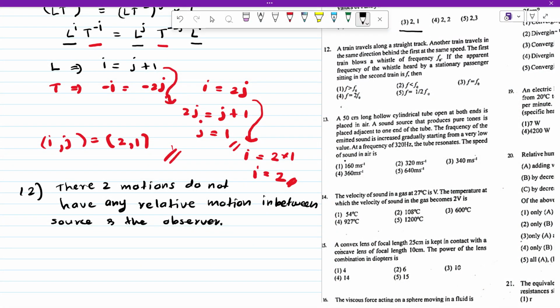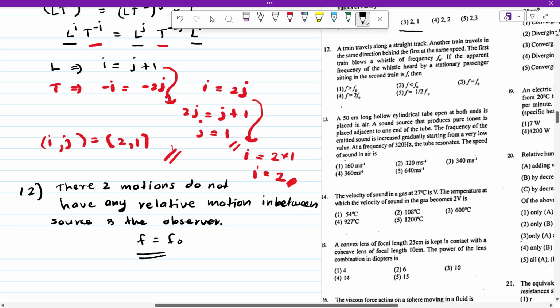The observer can hear the frequency of the source itself. Hence both the frequencies should be equal. If there is indeed a relative motion in between, then there should be greater or smaller frequency concepts. So here F should be equal to F0.